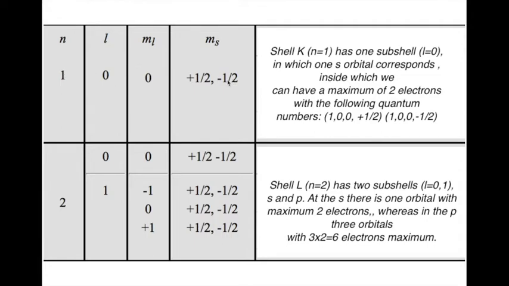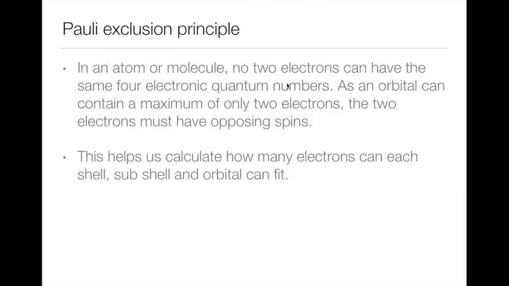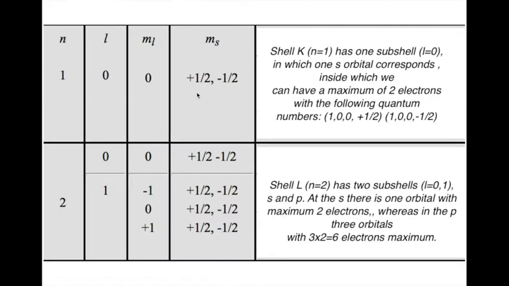We cannot have any other electron, because any other electron that would get in this orbital would have the same set as one of these. And according to Pauli exclusion, we cannot have electrons with the same 4 electronic quantum numbers. Therefore, an orbital can contain a maximum of 2 electrons. And these 2 electrons have opposing spins. This has positive and this has negative. We said that the ms number shows us the spin of the electron.